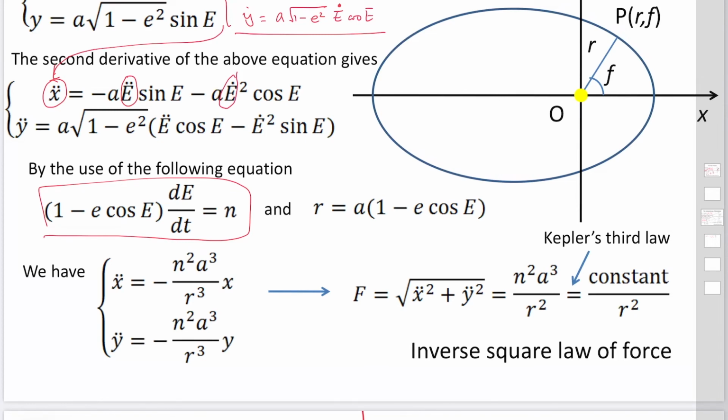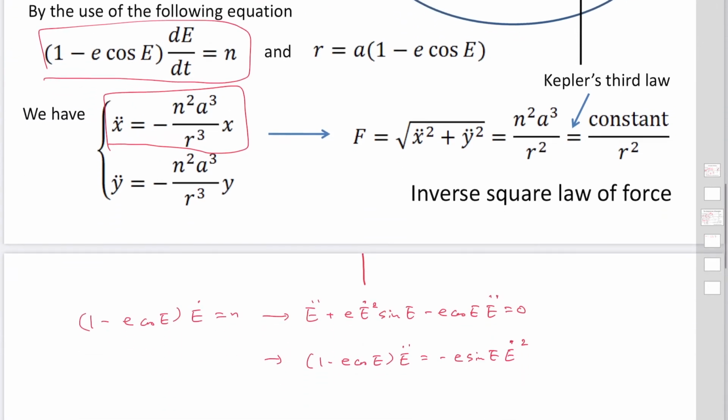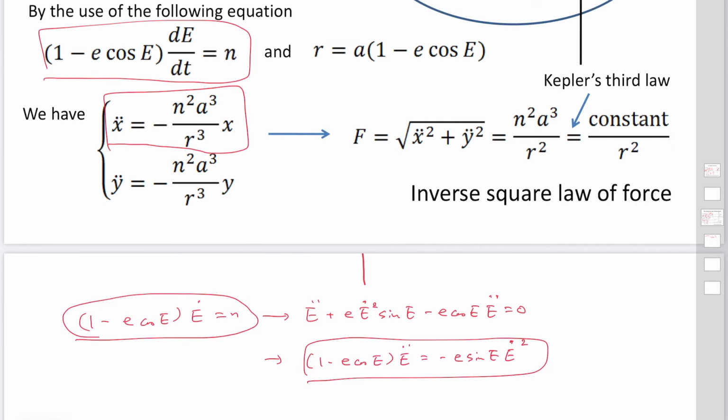Then substitute this relation, and finally we have x double dot is minus n squared a cubed over r cubed times x. In the same way, for E double dot and E dot you can substitute E double dot here, and the E dot you can use these relations.